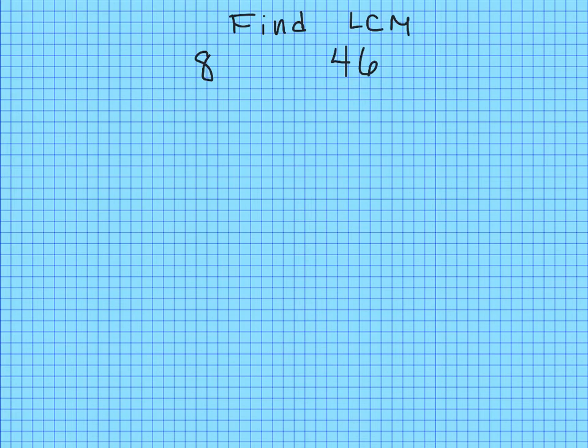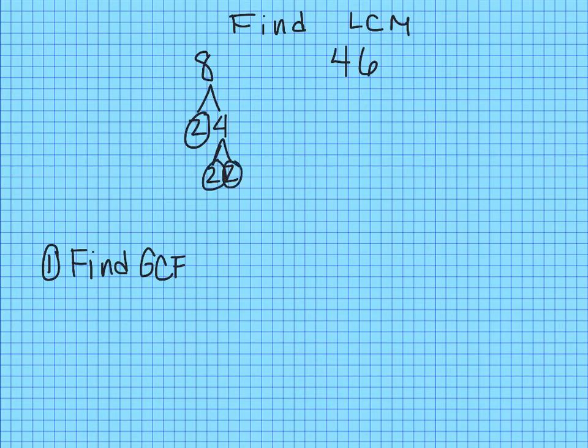your first step is to find the GCF. So we prime factorize, so 8, 2 times 4 is 8, and 2 times 2 is 4, and 46, it looks a little scary, but it's an even number, so we know that it's divisible by 2, and 2 goes into 4 twice, and it goes into 6 3 times.